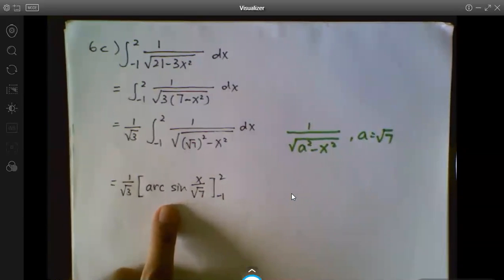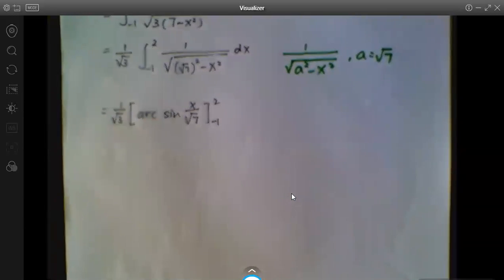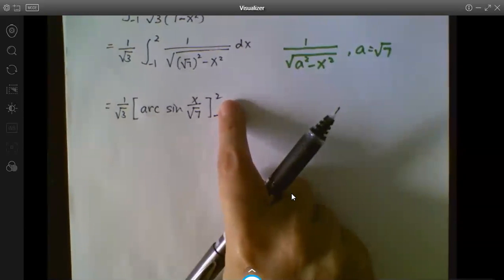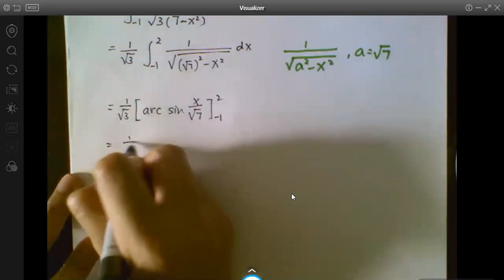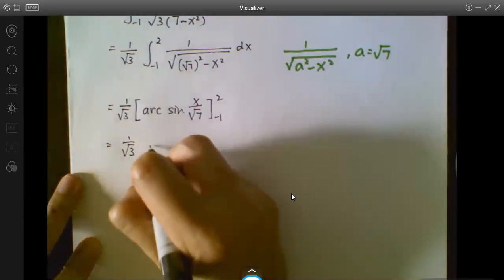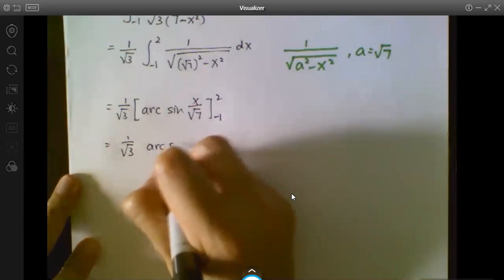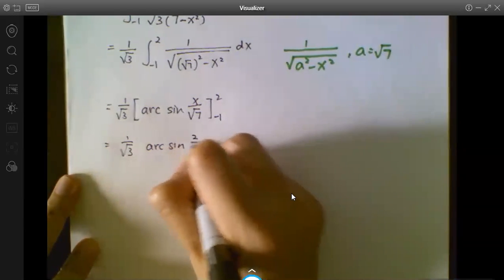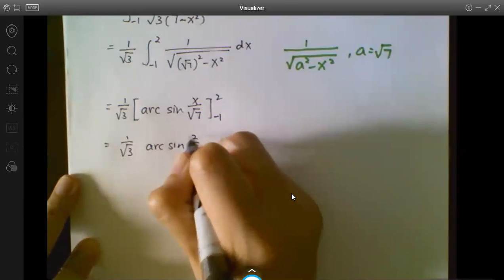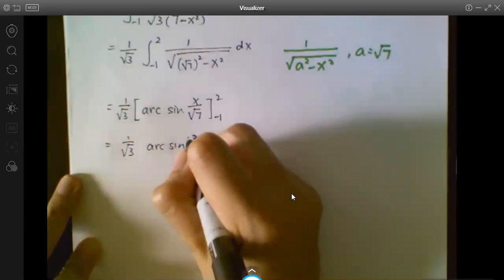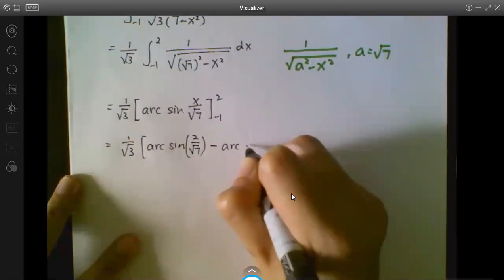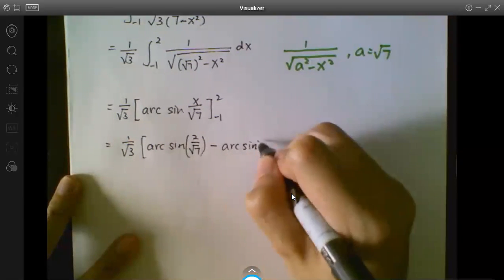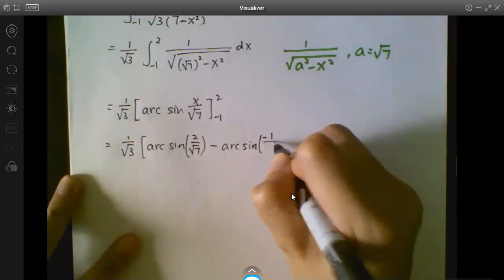Do this, and then substitute the top minus substitute the bottom. Substitute the top, we get 2 over root 7. Substitute the bottom, you will get negative 1 over root 7.